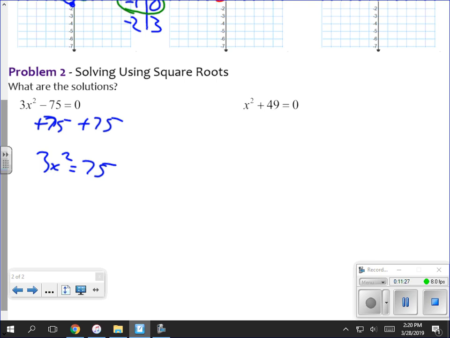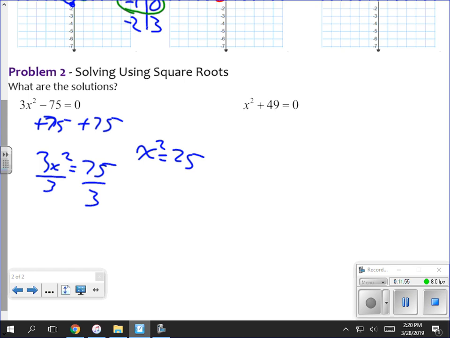This works better. If I divide by 3 first, trust me, this will work better. So my next step would be to divide by 3 now. Don't do it before. Get it like this first. Get any numbers added, subtracted, moved over, and then divide. Here I want x squared by itself. Divide both sides by 3. And I end up with x squared equals 25.